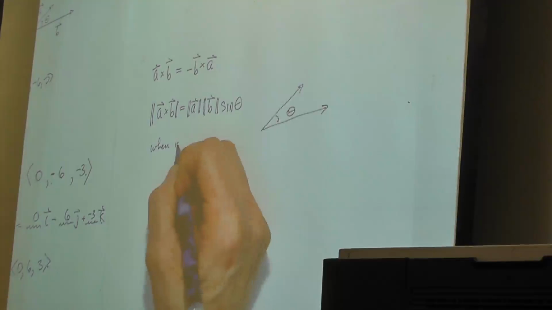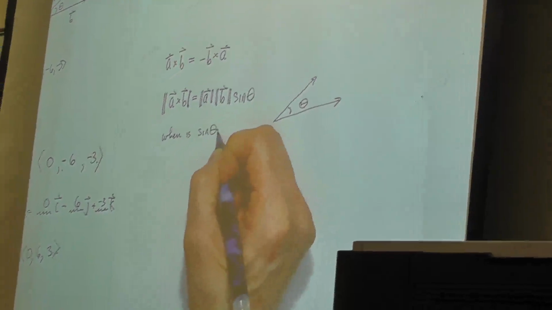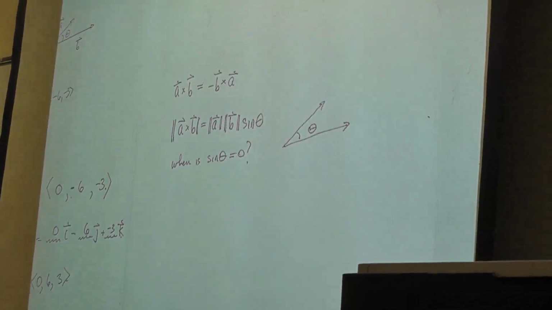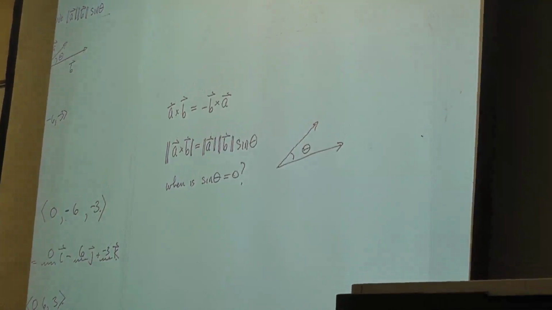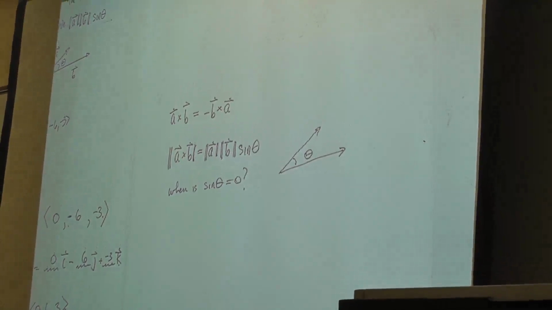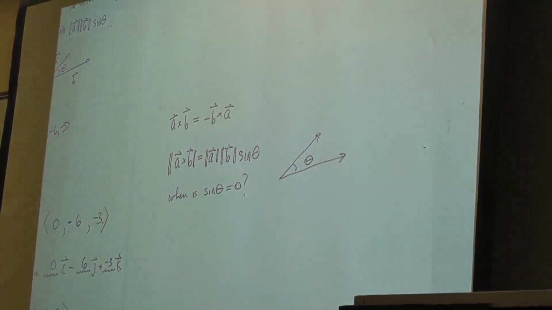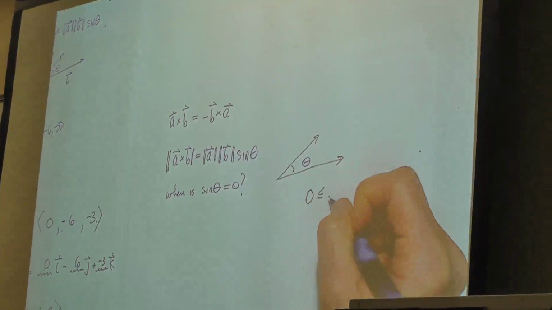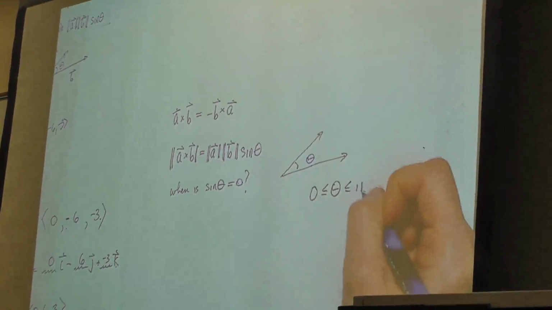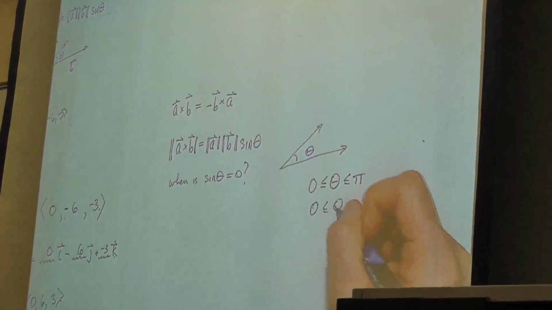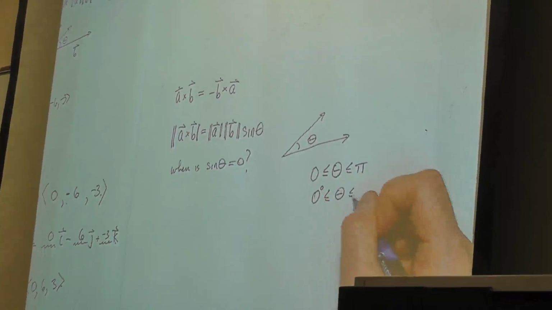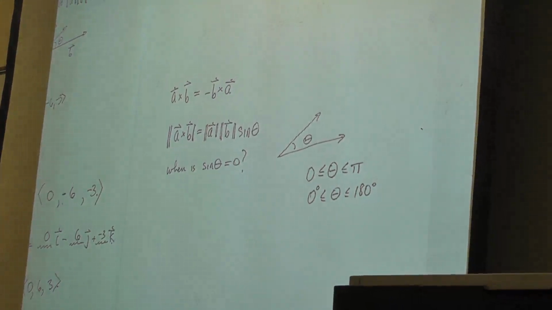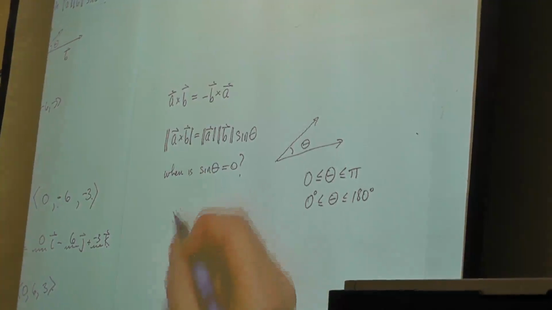When is sine of theta equal to 0? 0, pi, 2 pi. And our angles here are always between 0 and pi, or 0 degrees and 180 degrees. That's what makes sine of theta 0.